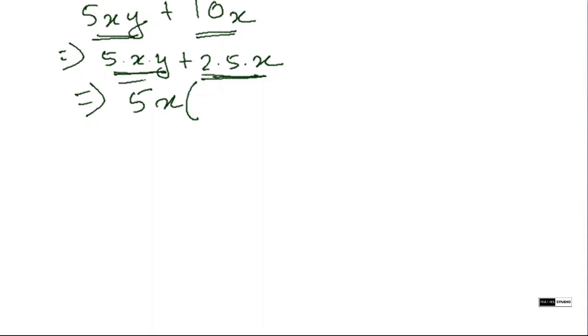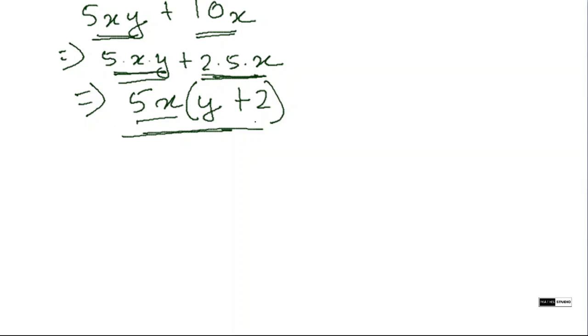So from 5xy, 5x is the common thing, so y remains, plus from 10x, what remains? Only 2 remains. So this is how we are going to solve the questions for the rest of the chapter, when there is some common factor between all the terms.